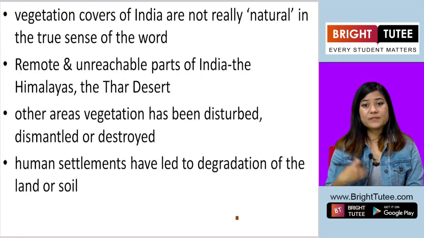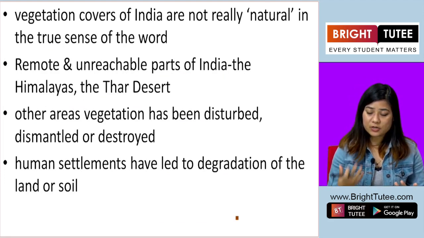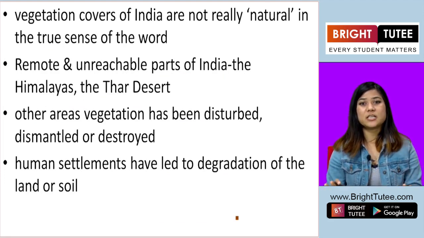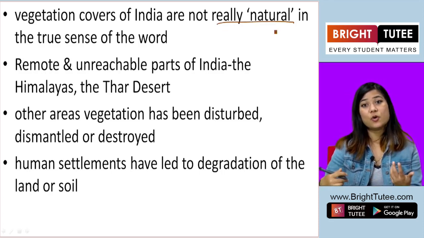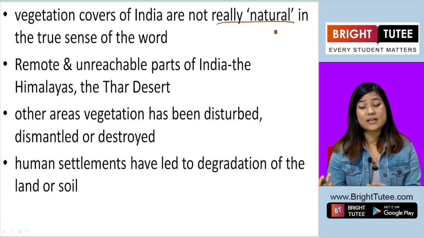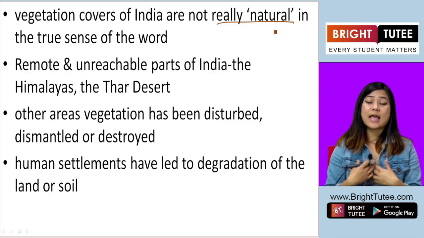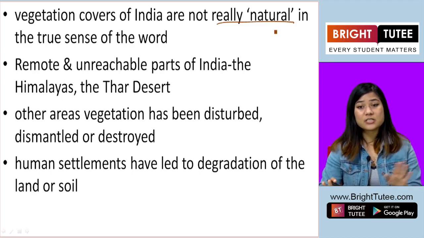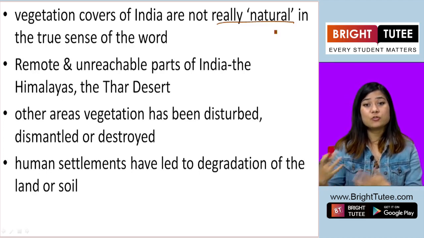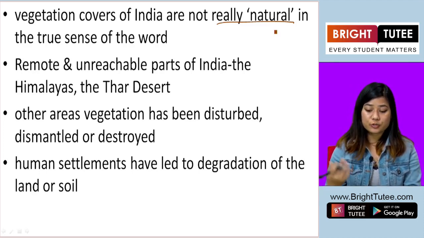So, when we say vegetation in India, by now we know that most of the vegetation that we see, they're not actually natural, even though they sound like they're natural. Okay, even though sometimes they come across to us as if they're natural, they have just been like that. But they're not natural. They have been grown or planted with the help of human beings.